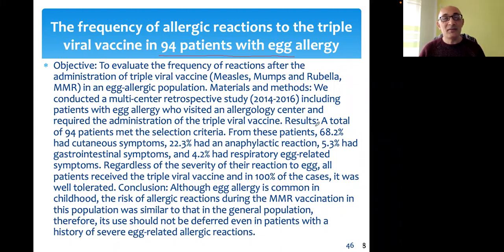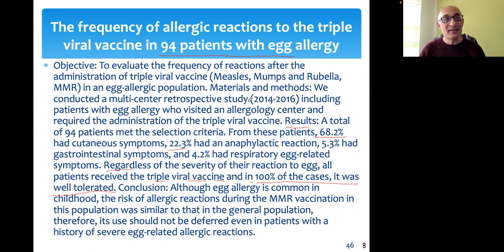And the results: a total of 94 patients met the selection criteria, 8 had cutaneous symptoms, 22 had anaphylactic reaction, etc. Regardless of the severity of their reaction to egg, all patients received the triple viral vaccine, and in 100% of the cases, it was well tolerated. That is interesting, isn't it?